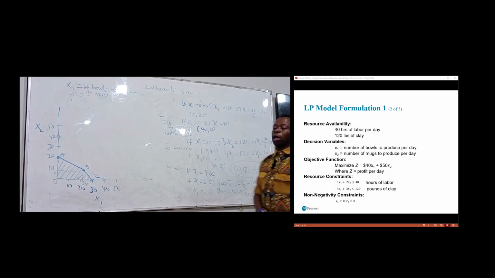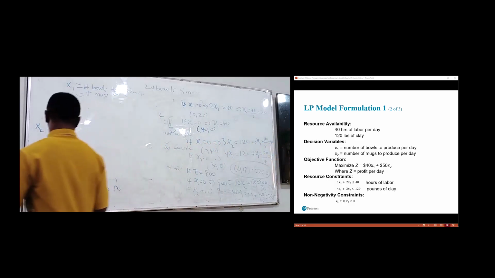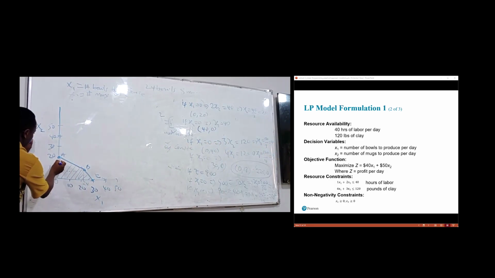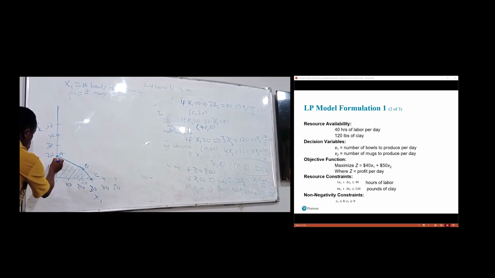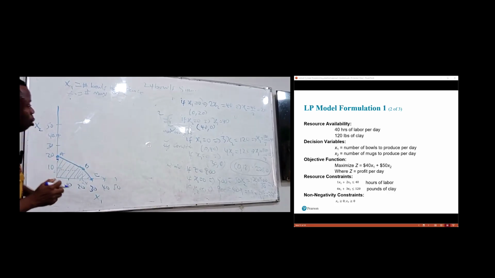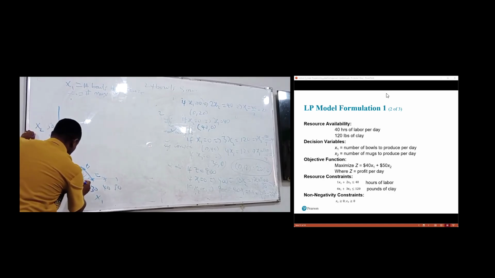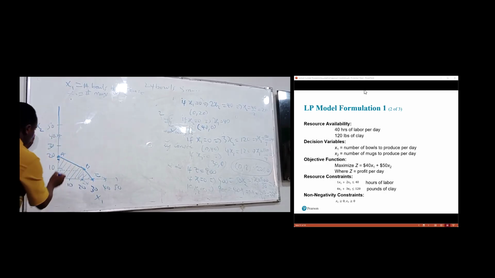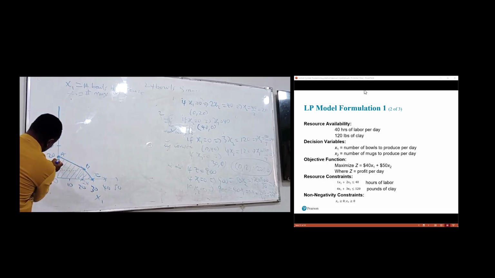So we said 0, 18. So that will be here, right? And then we have 0 at 22.5. So 22.5 will be somewhere here. So we join the 2 points.